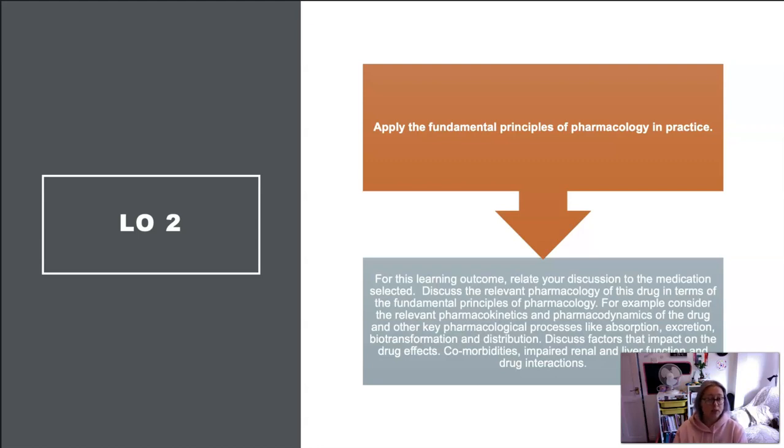And is there anything that we need to be aware of? And this is then how it is going to link into our comorbidities, that if our medication is excreted through the renal system, is this impacted by somebody who has an impaired renal system? If it is impacted in the biotransformation centre in the liver, is this affected by somebody who has a renal problem?